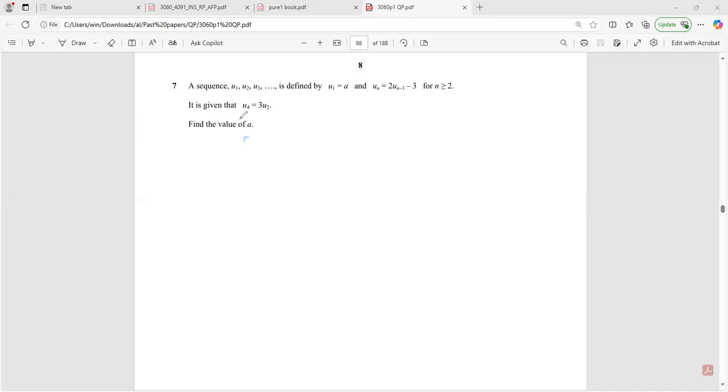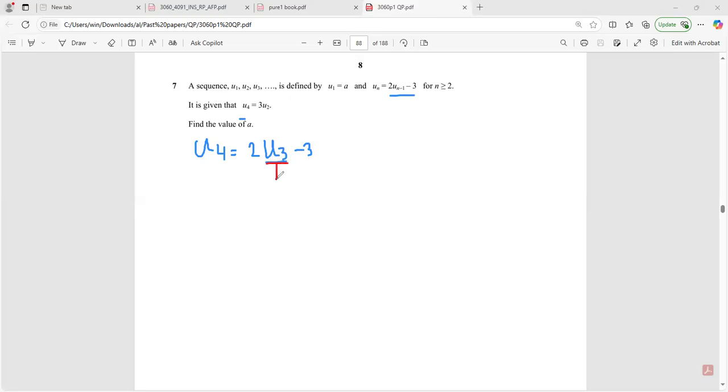First of all, we have to say that U4 here is equal to 2 times the third term minus 3, like the rule. And the third term here, I want to express with the second term, just to get like terms.